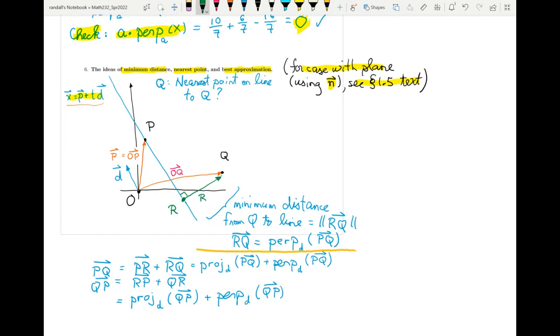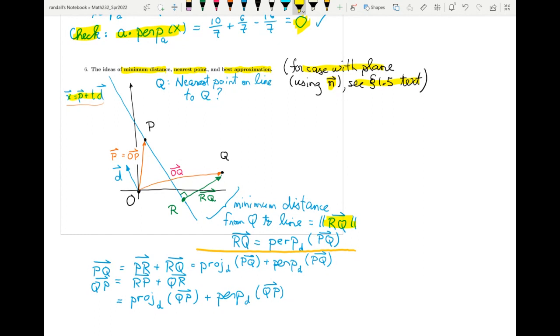So this is R to Q. When R to Q is orthogonal to D, then the point R is closest to Q. Okay? And therefore, the distance from Q to R is the norm of that vector. And that's the minimum distance from Q to the line.